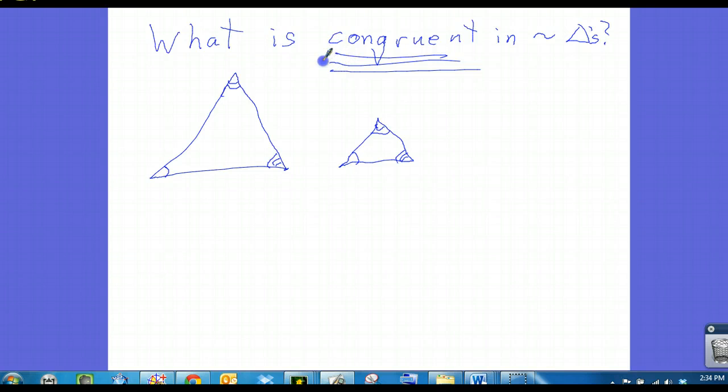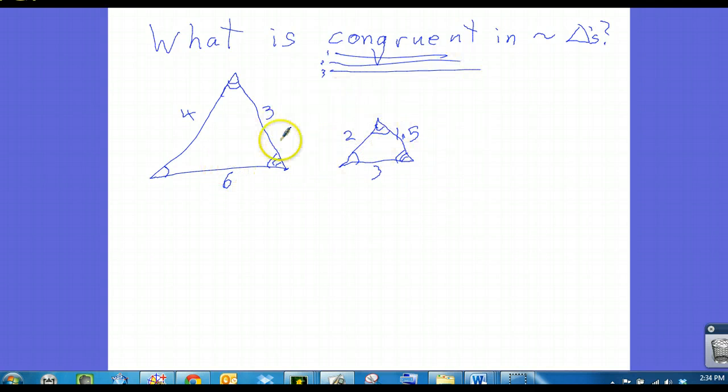So I have 3 sets of congruent angles in similar triangles. But the sides, 1.5, 3, and 6, as you can see, this side gets doubled proportionately to this side, and so on with this side. 1.5 doubled is 3. 3 doubled is 6.